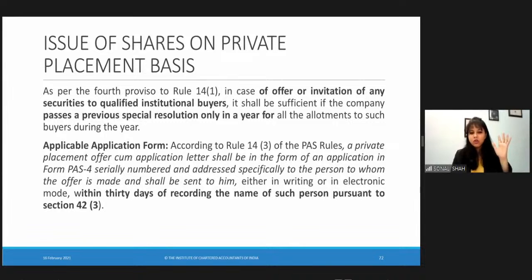Once a special resolution is passed for non-convertible debenture, which exceeds the limit, it's enough. Where the offer is being made to QIB, special resolution once a year is enough. If the offering is for non-convertible debenture which does not exceed the limit of 181C, board resolution is enough. Is that clear? Guys, is that clear?